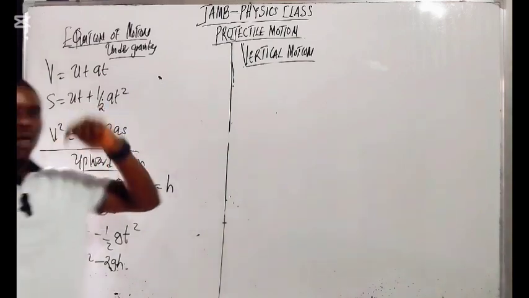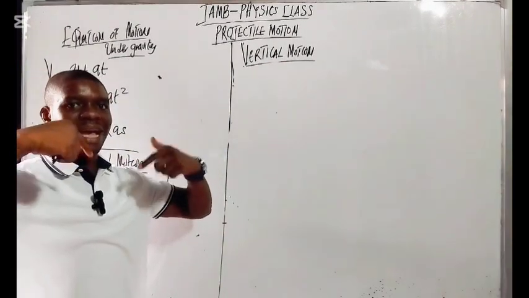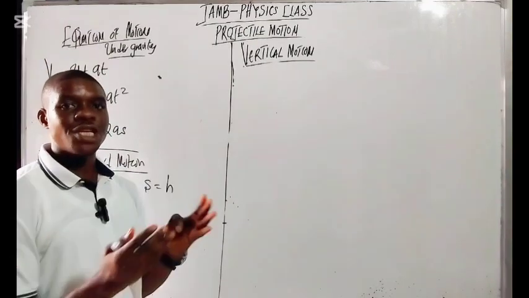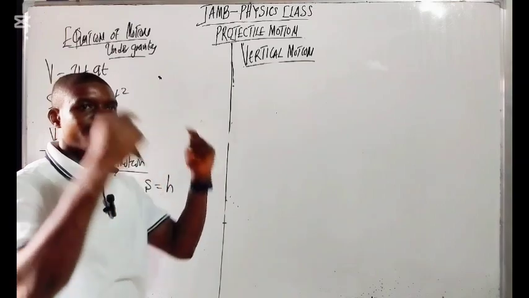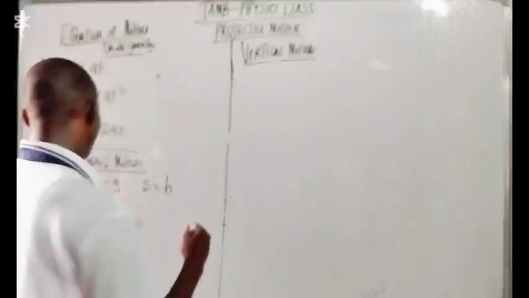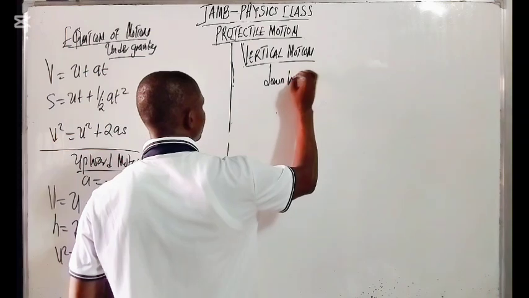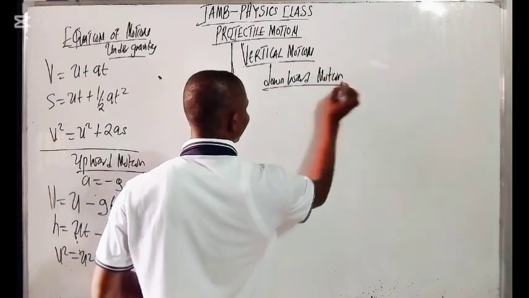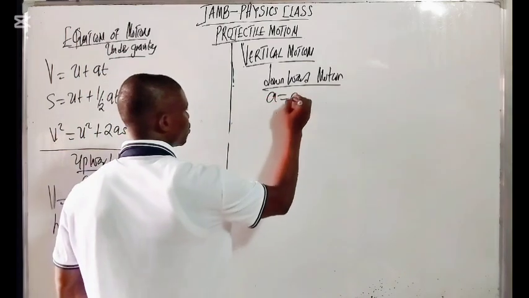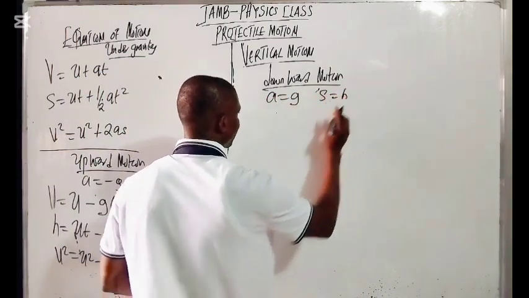Now for the downward movement, when it comes to free fall, the object is acting along with gravity, not opposing gravity, right? It is falling due to free fall here. So in the downward motion, a equals g and s equals h.